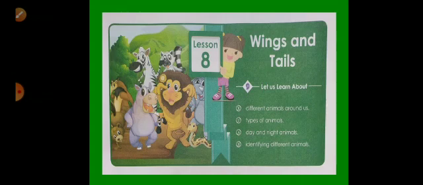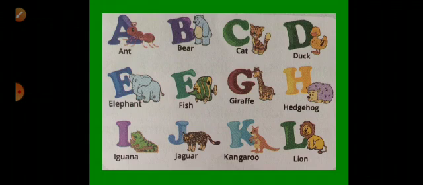Look here, we can see an alphabet chart. Yes or no? Here is an alphabet chart. When we learned alphabets, at that time we came to know many names of animals.